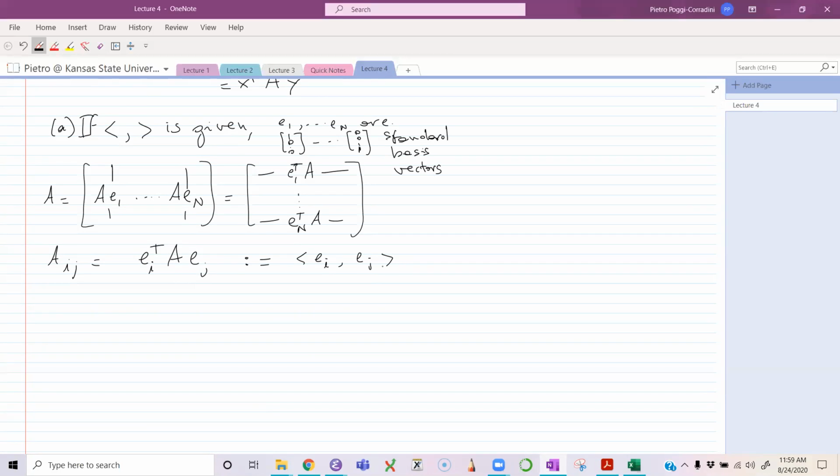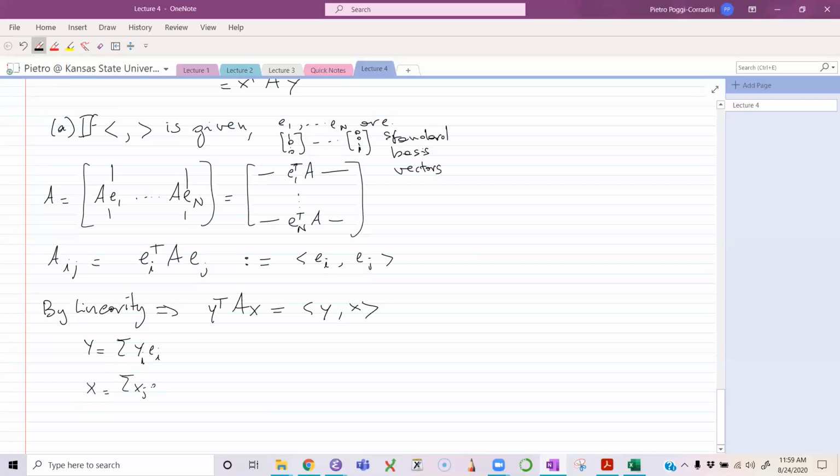And then by linearity of both sides, you will get that y transpose A x is equal to the inner product, because you can write y as the sum of y_i e_i's and x as the sum of x_j e_j's.